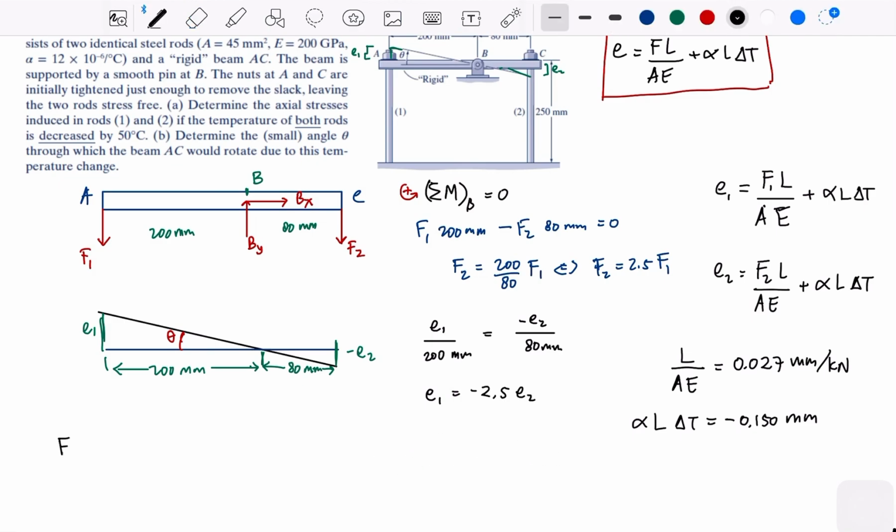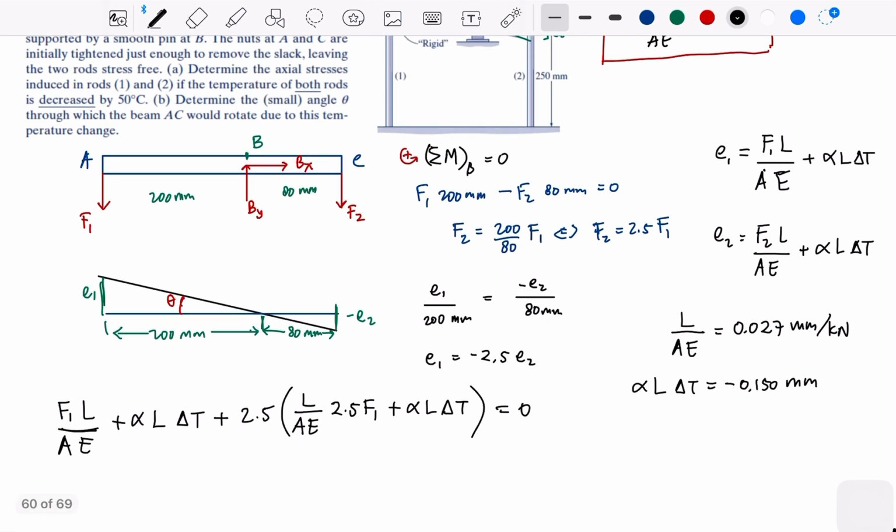So let me write F1 L over A E plus alpha L delta T plus the E2 is 2.5 multiplied L over A E times F1, and then plus alpha L. So F1, you can take that out.